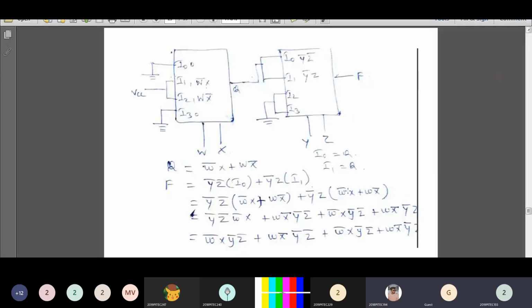So you have to write the Q value here, y dash z into W dash X plus W X dash. Next one, y dash z dash W dash X plus W X dash y dash z dash plus y dash z W dash X plus W X dash y dash z.